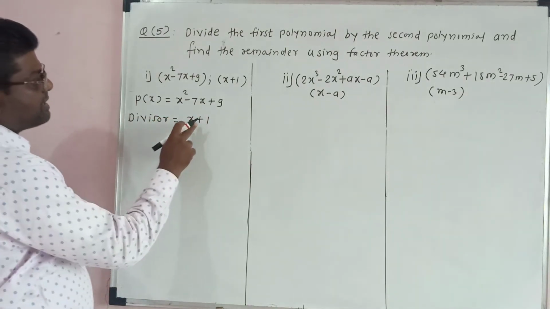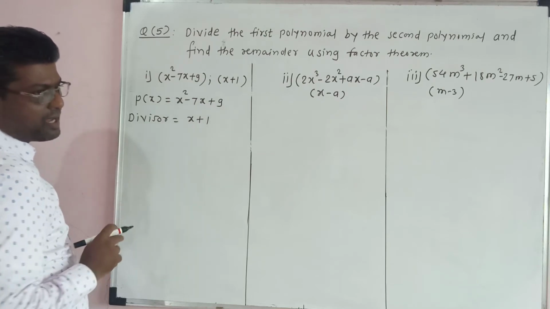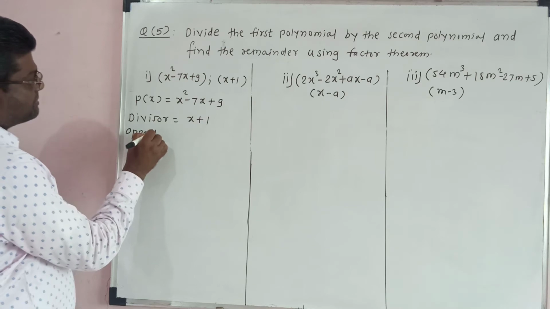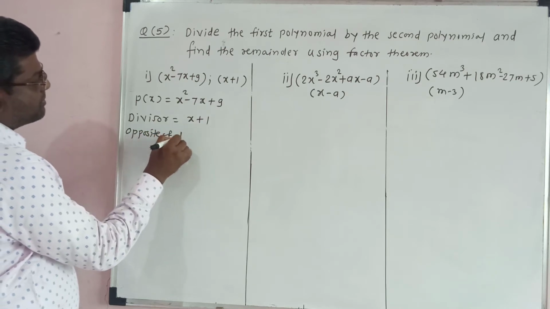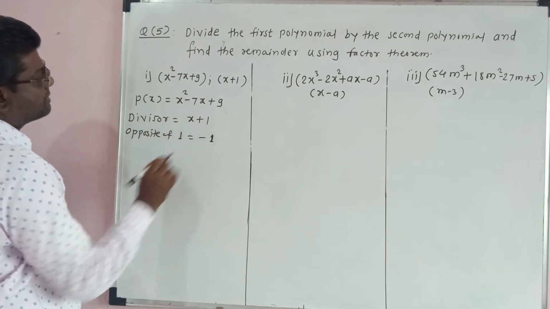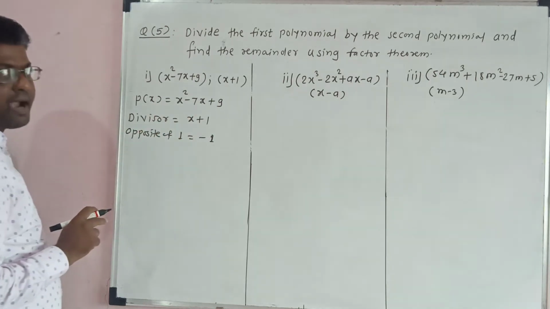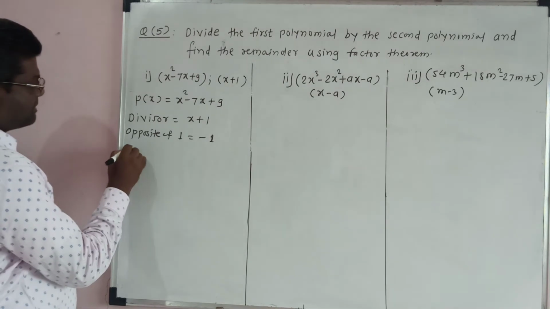So we take, there is a plus 1, therefore we take opposite of plus 1. So opposite of plus 1 is minus 1. So we find the value of this polynomial at x is equal to minus 1.